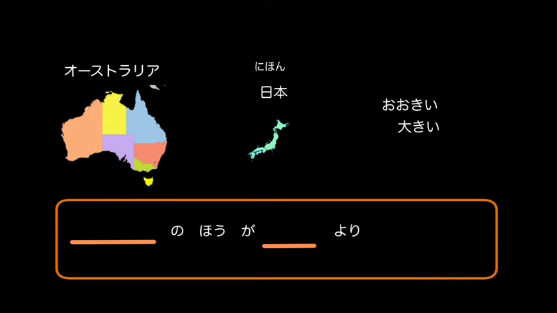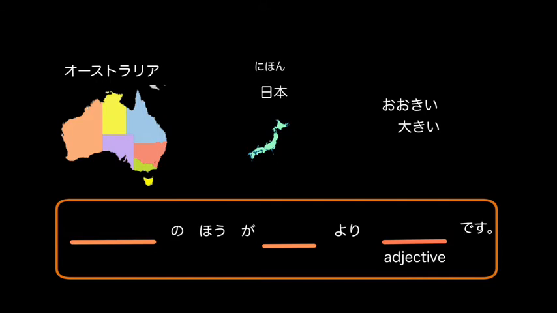So we're saying that Australia is larger, or the concept of large is more on the side of Australia than Japan. So no hoga is on the side of Australia. Then we put Nihon, Japan, and it is followed by a little word yori that roughly translates as than. But instead of coming before Japan, we say Japan yori rather than Japan.